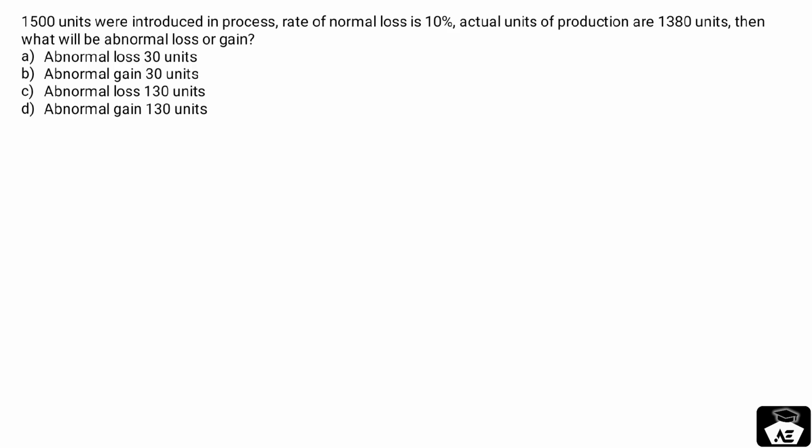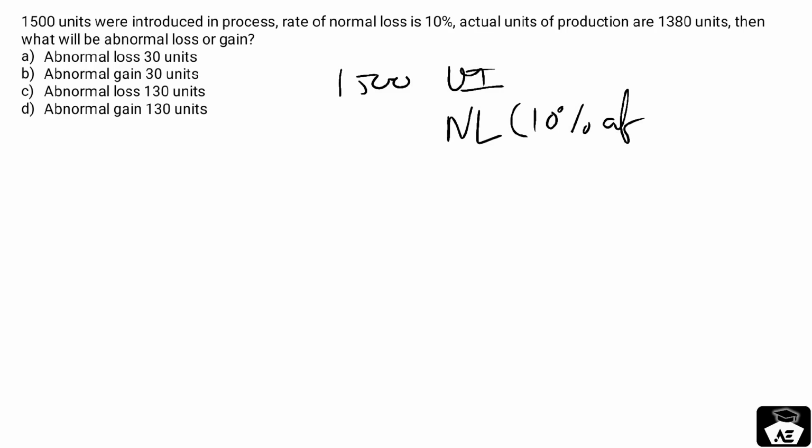Moving to next question. 1500 units were introduced in a process. Rate of normal loss is 10%. Actual units of production are 1380 units. Then what will be the normal loss or gain? Again, the same way we need to find this. So units introduced are 1500, less normal loss, 10% of 1500, so it will be 150.